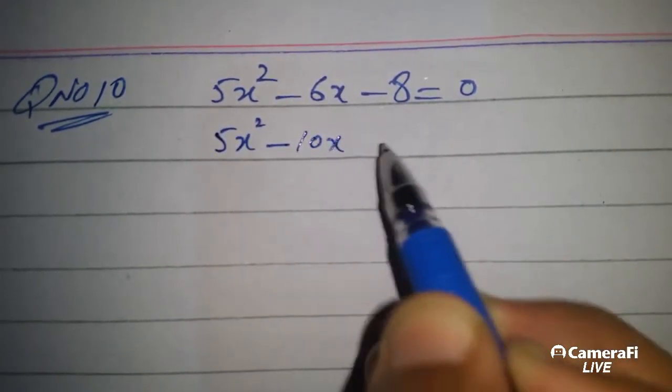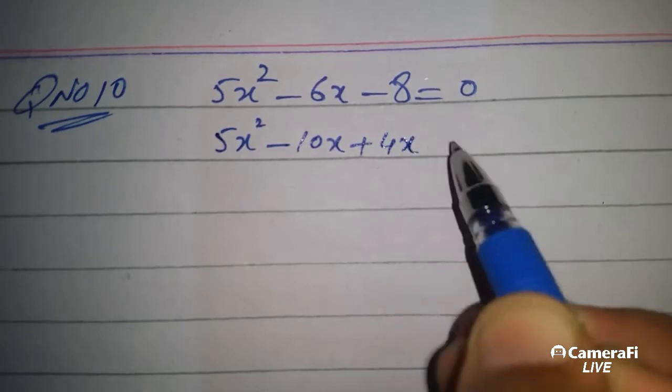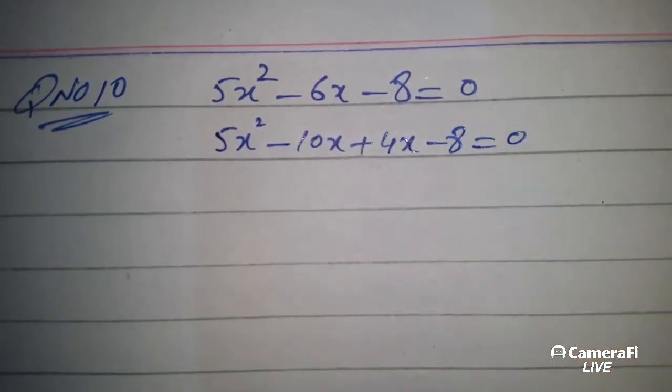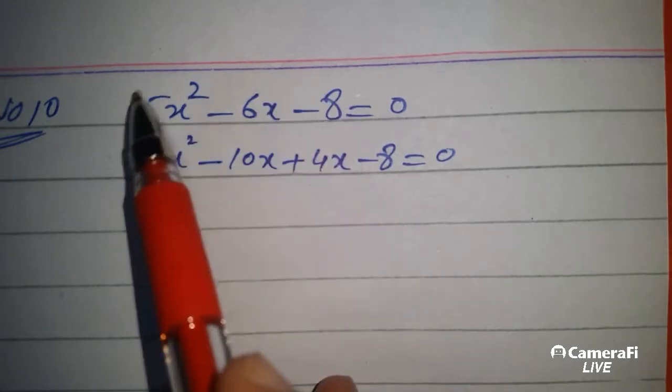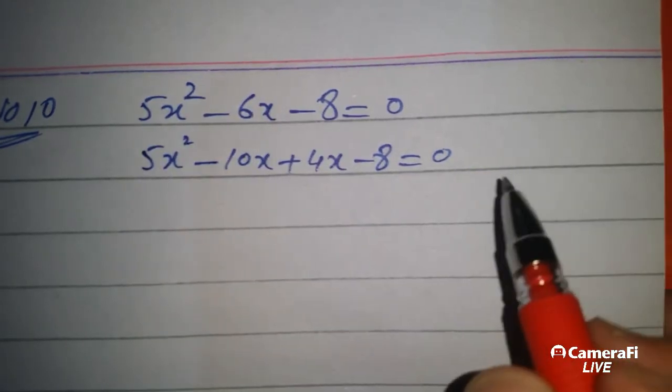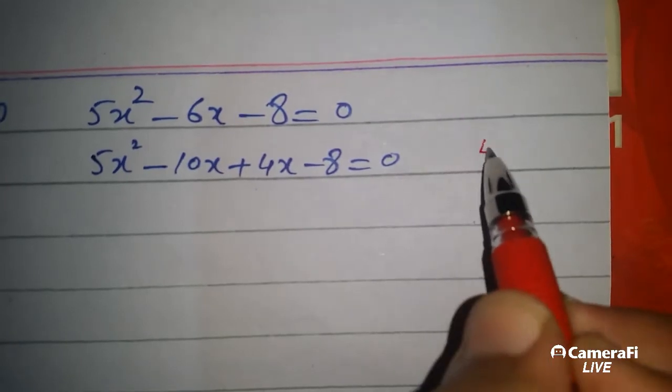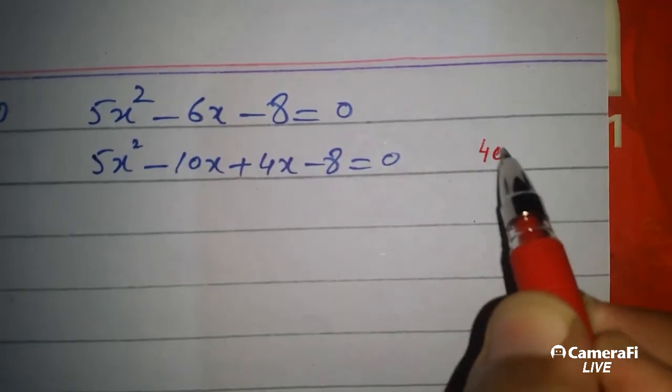So 10 and 4 are 40. So we can create factors here. 8 5s are 40. So the factors of 40 can be made like this.